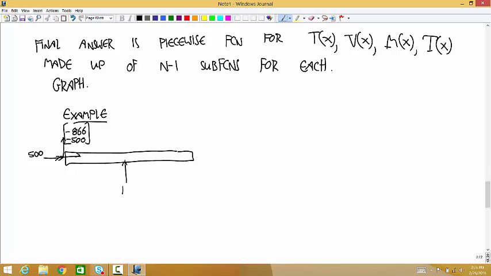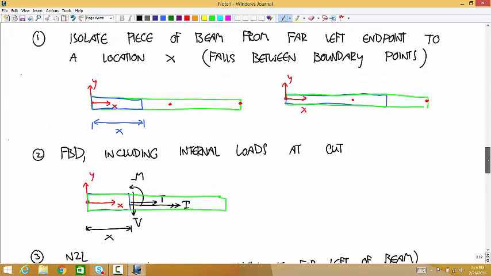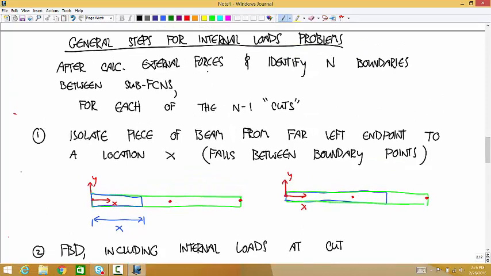At the middle, we have a force vector of 1,000 up. Over here, we have a force vector of 1,000 and a torque of 500. So we have the external loads.